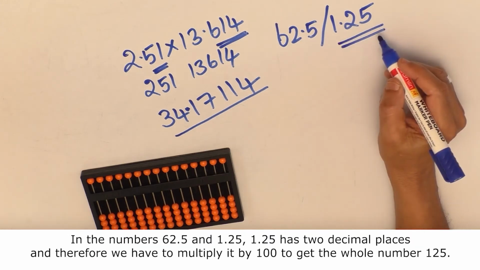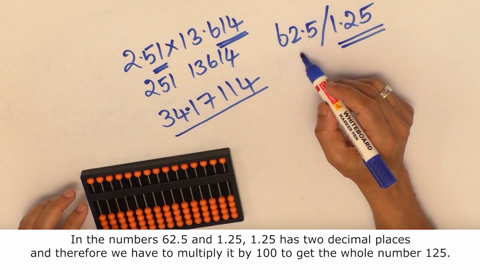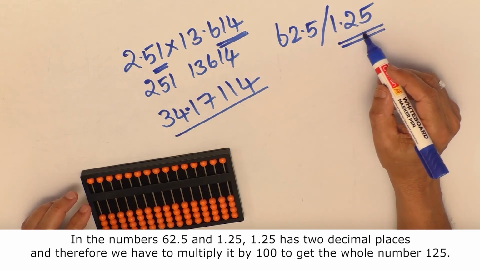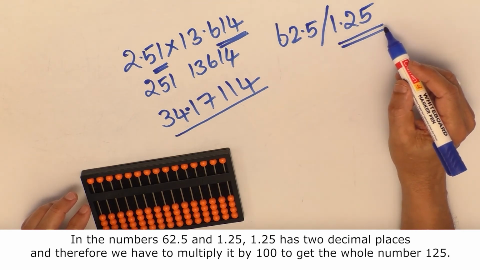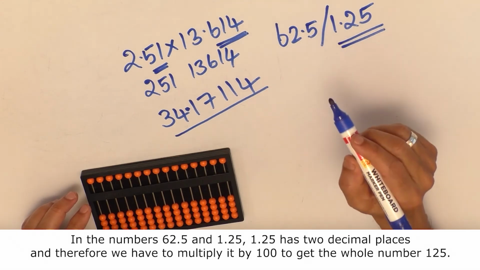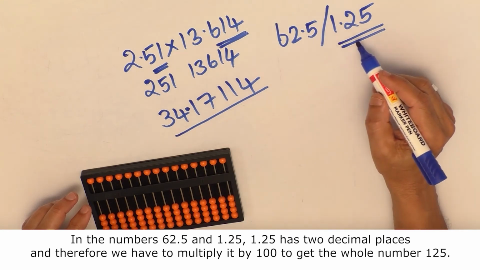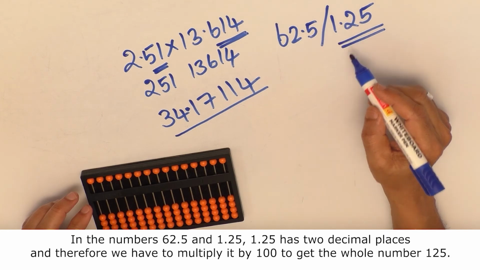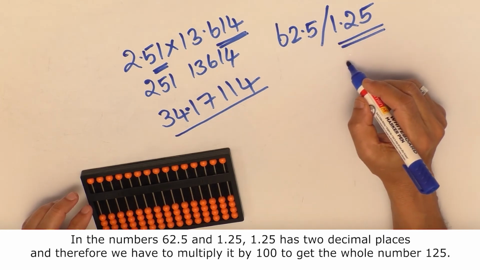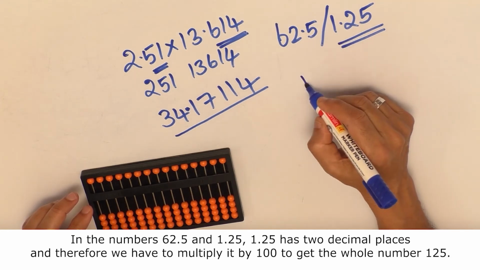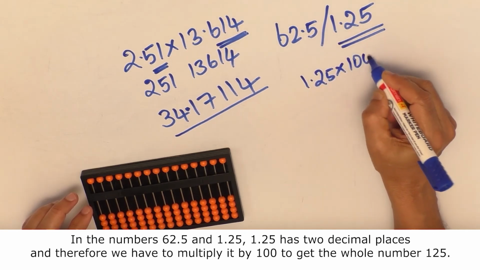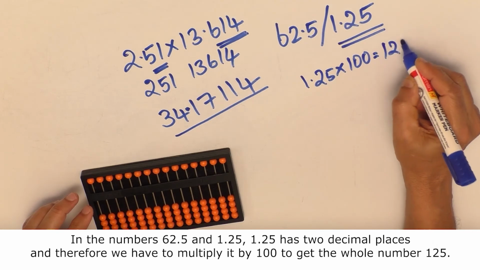In the numbers 62.5 and 1.25, 1.25 has 2 decimal places and therefore we have to multiply it by 100 to get the whole number 125, that is 1.25 multiplied by 100 gives 125.